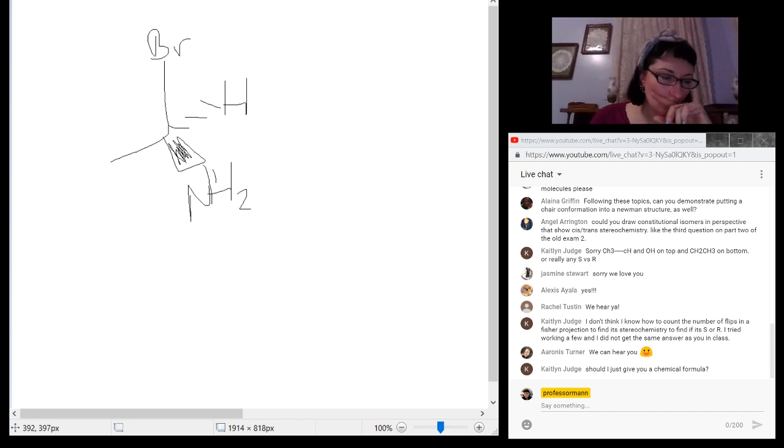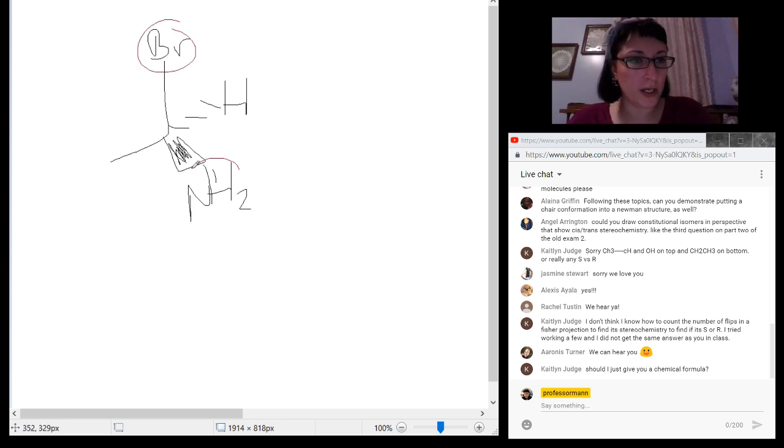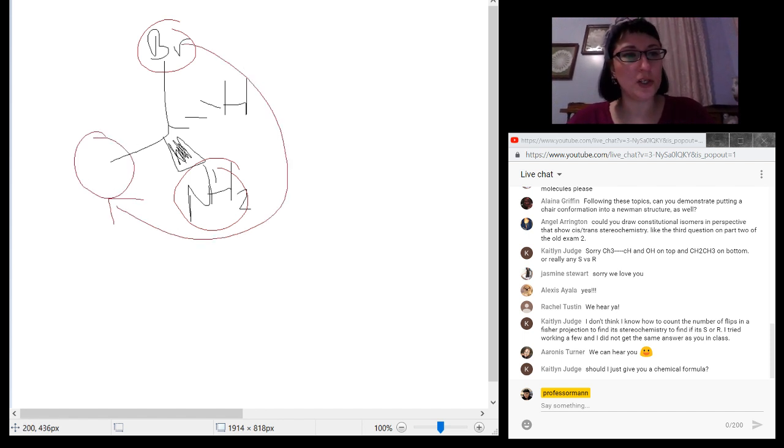So I can convert that to a Newman projection, okay? If I look at the stereochemistry on this, bromine would be number 1, the nitrogen would be number 2, and the methyl would be number 3. So I can look at that and already tell that it's R stereochemistry, right?